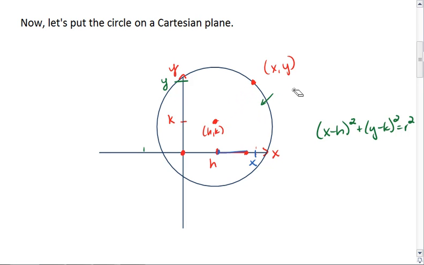For example, what happens when we move our point over here? We still have the same radius. We have the point x, y.